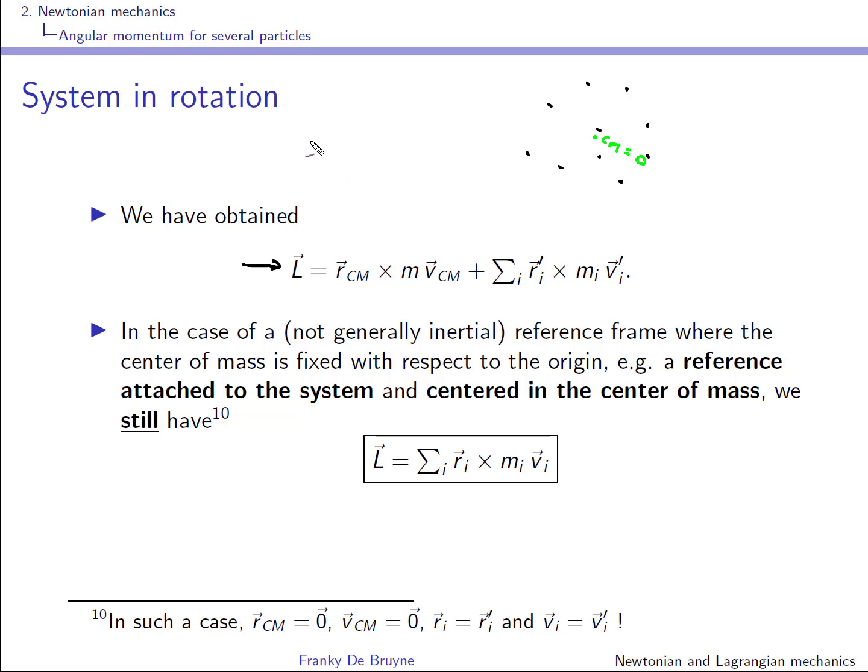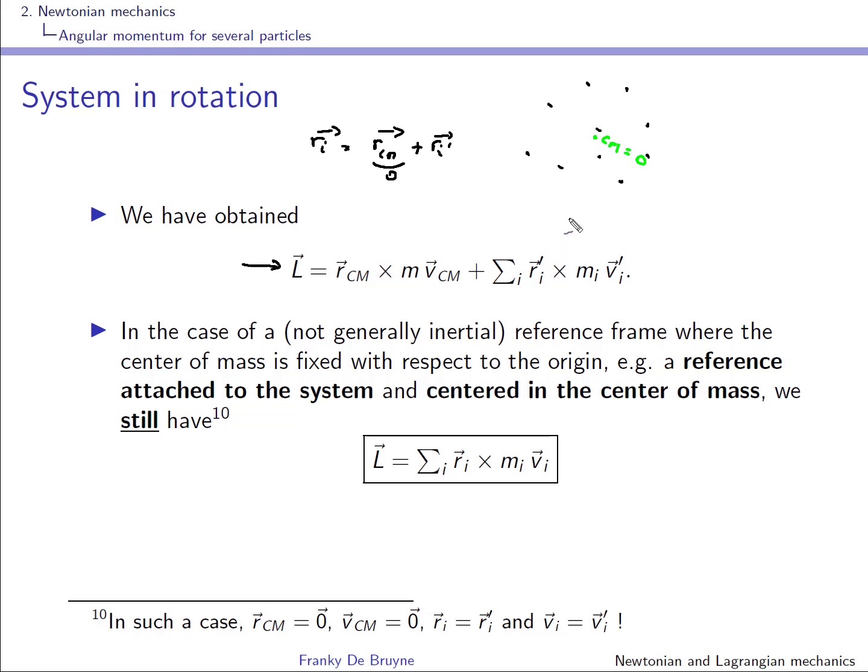Remember that previously we had written Ri as the position vector of the center of mass plus Ri prime, right? Well, since the origin and the center of mass coincide, this means that this is equal to 0, right?